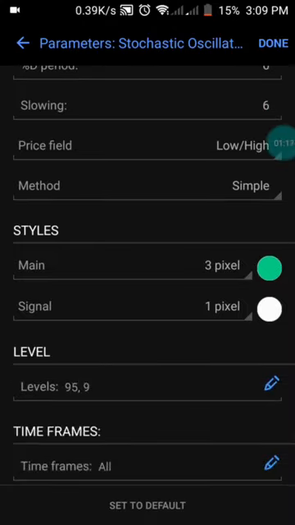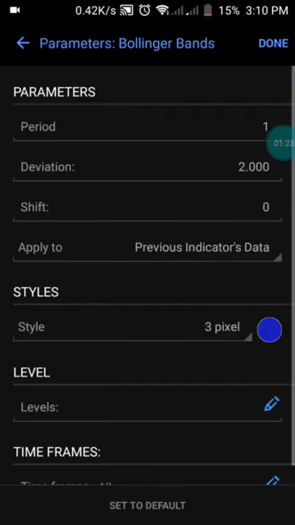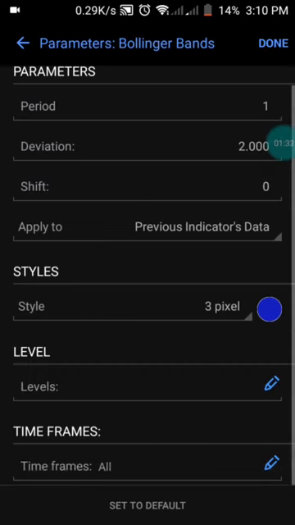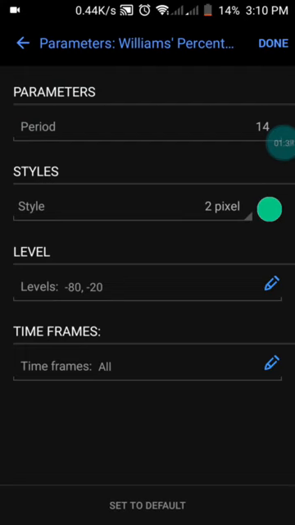I have my levels at 95 and 9, and also I have my Bollinger Band, with a period of 1, the deviation of 2, the shift of 0, applied to previous indicator data. I have my style in blue color, so I don't have any level. You can press on done, and I have my Williams percent range, with a period of 14, style of 2. I have my levels at negative 80 and negative 20.